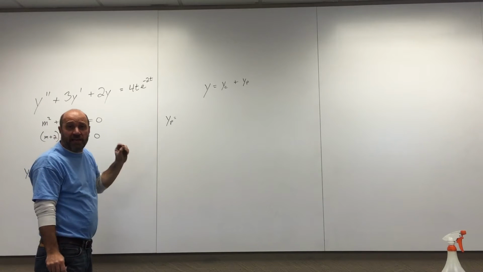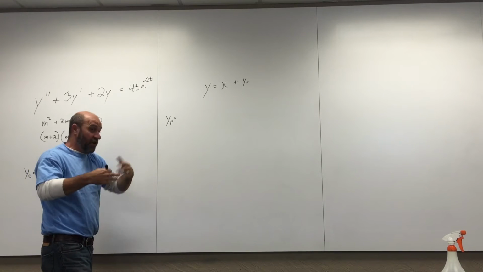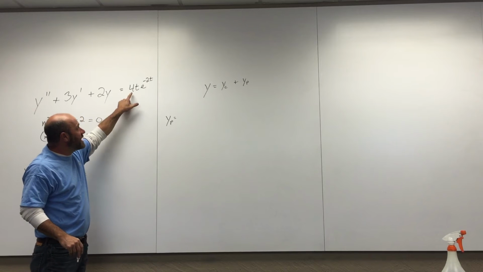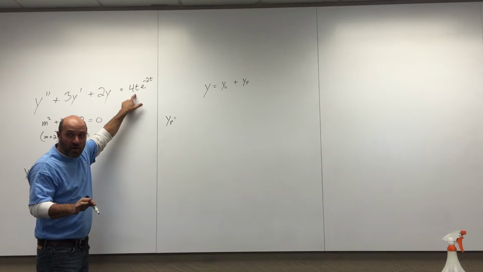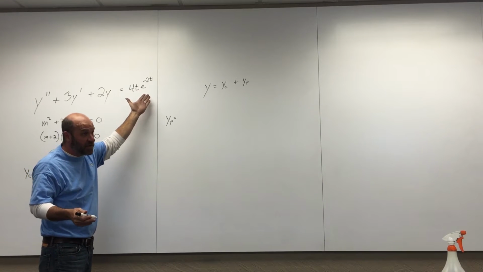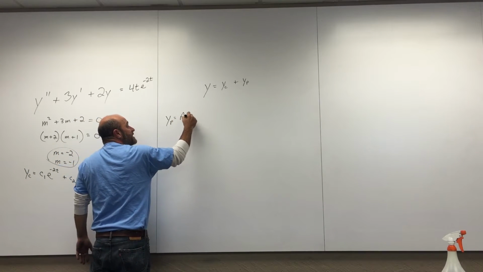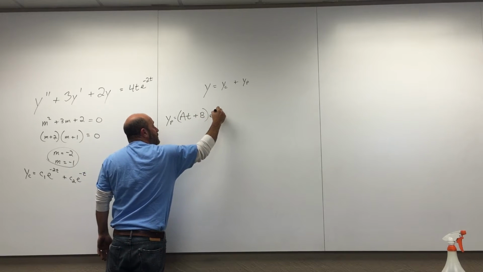Last week I did one that just had a number times an e function, and we guessed a number times an e function. We guessed an a, but this one has this at. This is interesting. You want to generalize it to a general linear function times this e function. So your guess is this: at plus b times e to the -2t.